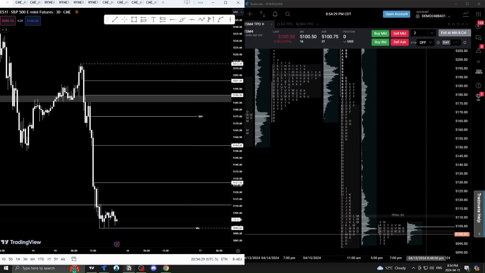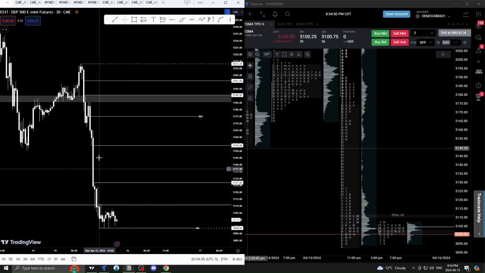Now, value ledges, key areas. We always want to see what price action gives us as it approaches the level. We also want to see what happens when it gets to the level. We have our poor highs, poor lows, imbalances, single prints.